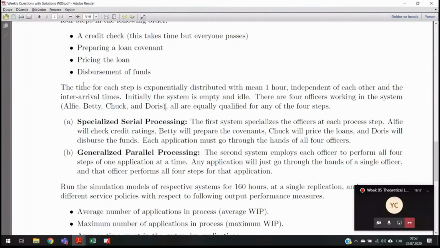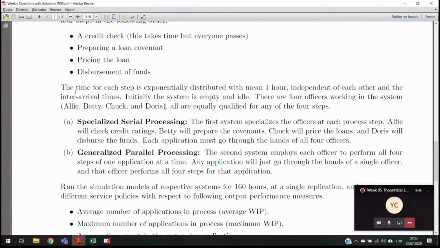But this time, since you are going to go with the same resource in all 4 processes, you are not going to wait in intermediate queues. Okay, so just in the beginning, you are going to wait in the queue until you find one of these resources idle, and then you are going to go through all these 4 processes with 4 independent exponentially distributed times with mean 1 hour, and then you are going to depart from the service.